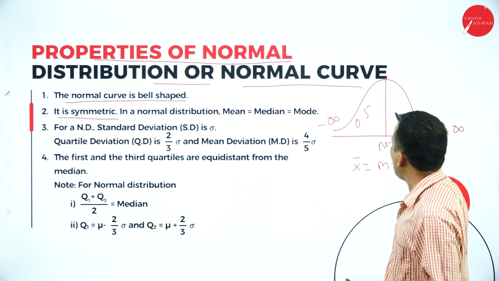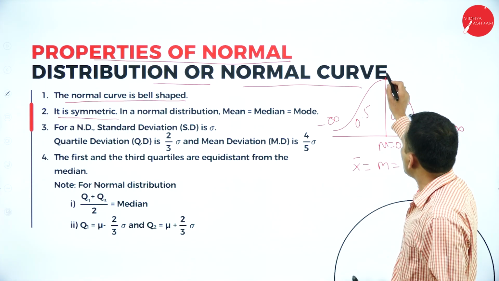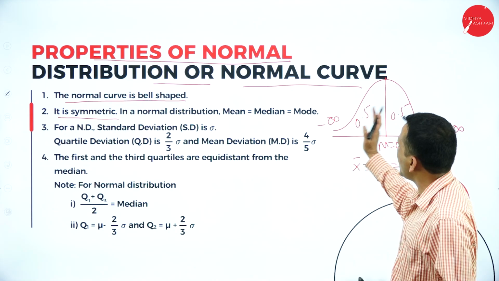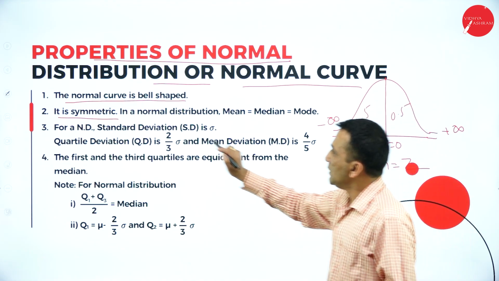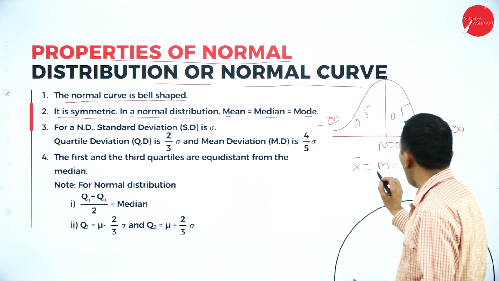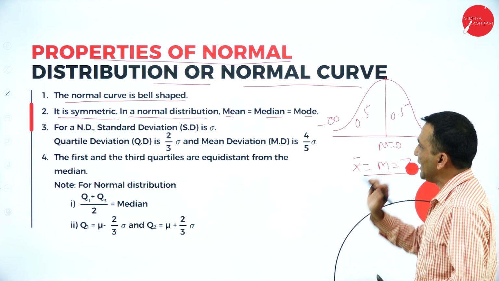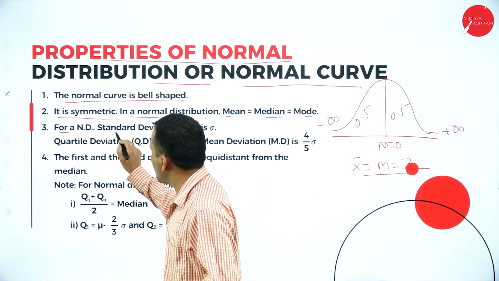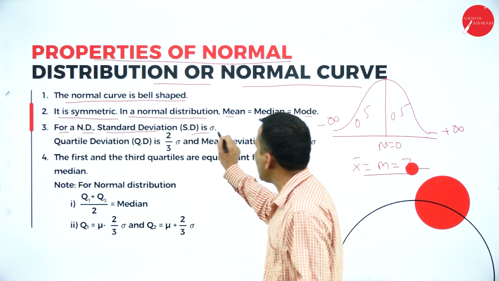The peak we are also able to identify. This graph looks symmetric because both sides are equally distributed. So in a normal distribution, mean, median, and mode are always equal. The third property concerns the standard deviation, or sigma.